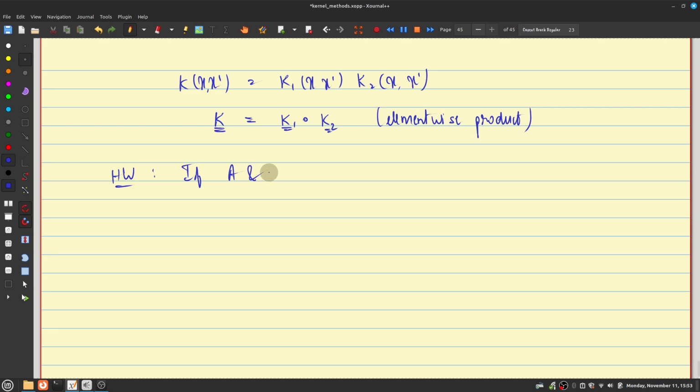If A and B are symmetric PSD, then their element-wise product is also symmetric PSD.